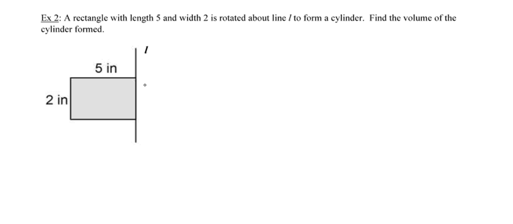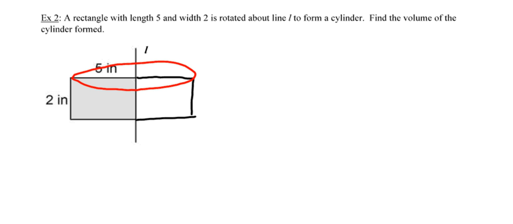So again, if you are like me and you're challenged by the drawing, it might be helpful to think just reflect over that line. And if I think about this top piece turning, turning, turning, that's going to form the top of my cylinder. And likewise, the spin of the bottom piece is going to form the bottom of my cylinder.